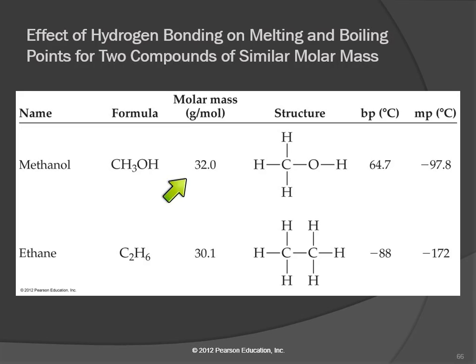The molar masses are similar, so any differences we see aren't going to be due to the dispersion forces. Look at the boiling points. This boils at 64. This boils at minus 88. The difference between these is this one only has dispersion forces. This one has dipole-dipole forces and hydrogen bonding. We also see a big difference in melting point.